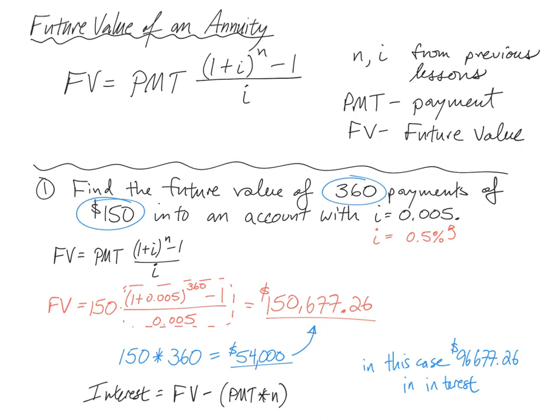$96,677.26. And again, if I assume that this 360 represents months, over 360 months, or more easily understood, 30 years, your money made $96,000 in interest. That's a lot of money.